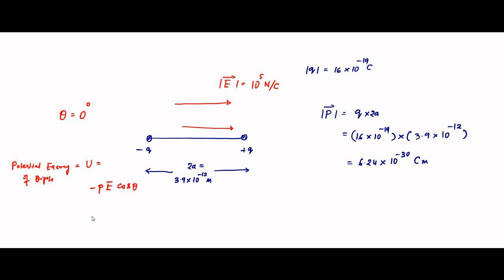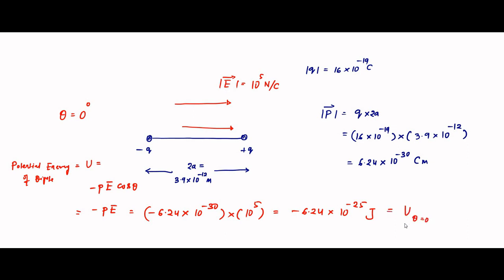Here theta is equal to 0 degree, so it is equal to minus PE, which is minus 6.24 into 10 to the power minus 30 into 10 to the power 5. That is equal to minus 6.24 into 10 to the power minus 25 joules. That is the potential energy of the dipole in stable equilibrium position.